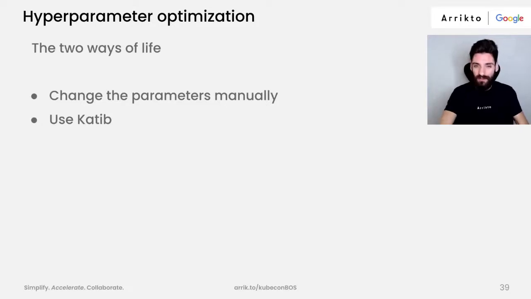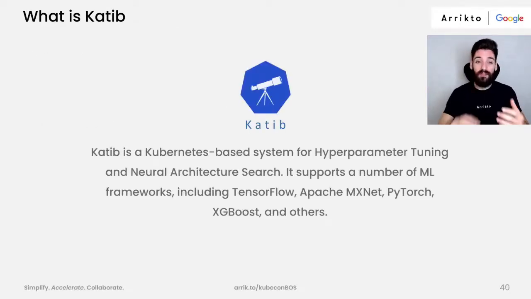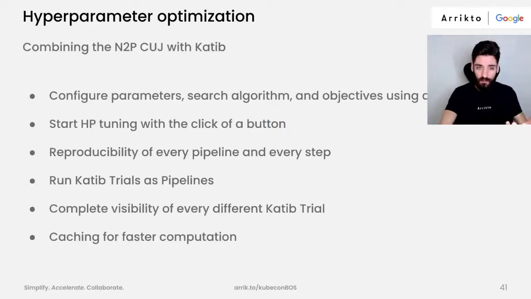Or we could use Katib to automate this process. Katib is the official Kubeflow hyperparameter tuner. It supports several machine learning frameworks, from TensorFlow, MXNet, PyTorch, and others. It is very flexible, and we've integrated it with Kale to run it from a notebook.